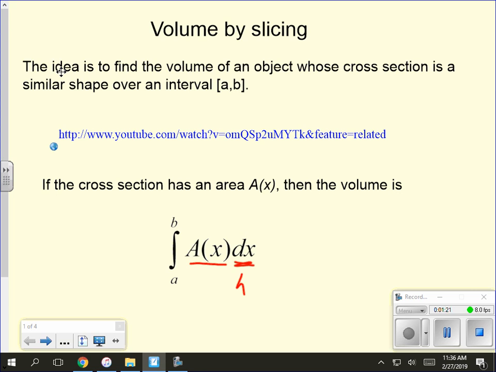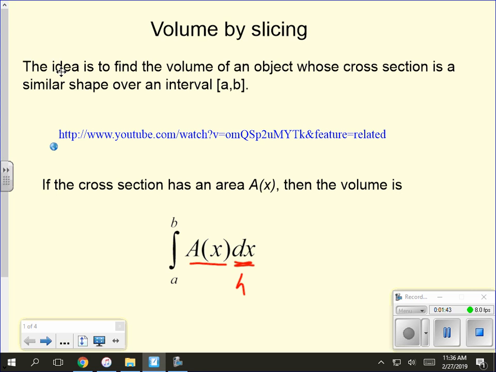And by using an integral, we use an infinitely thin slice. We're adding together an infinite number of very thin slices. A of x dx is the volume of one slice. Doing the integral is adding up an infinite number of those slices to get the volume. That's the idea behind it.